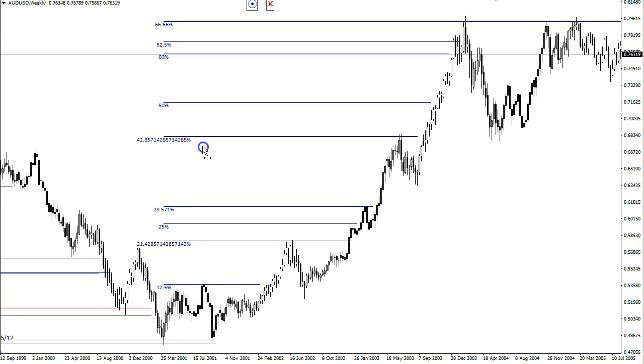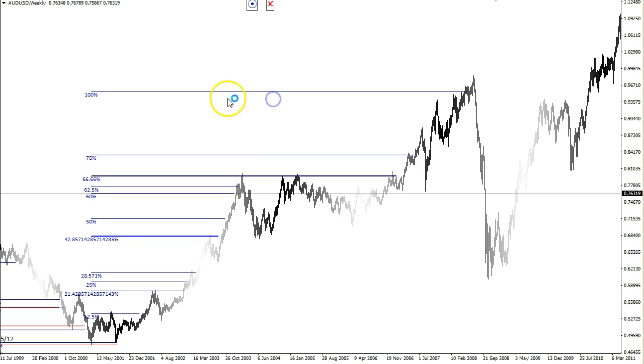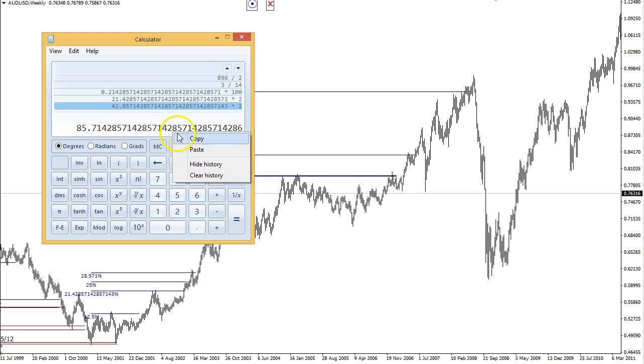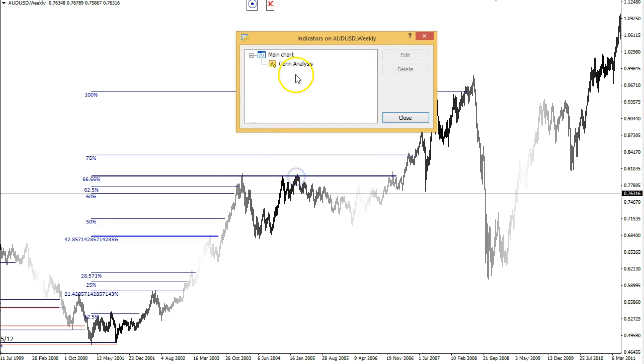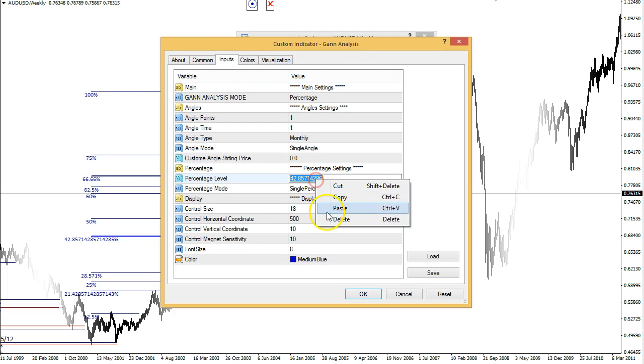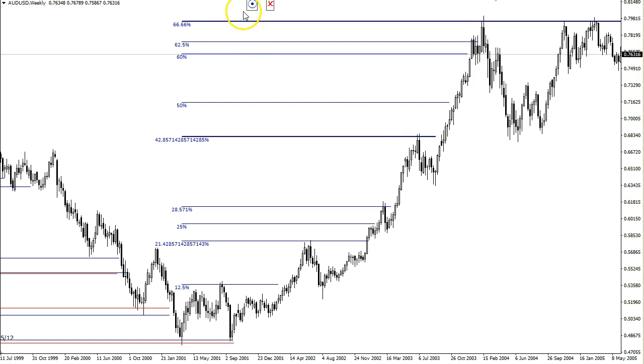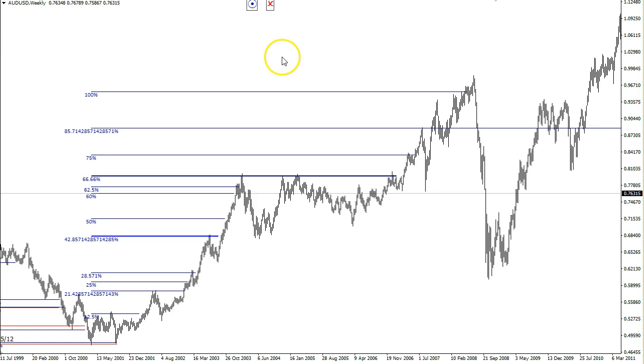So we'll move forward, and you can see that 100% didn't really work, but 42.8571, if we multiply it by 2, you get 85.71428571. So let's see now if this percentage gives any indication or resistance in the future.